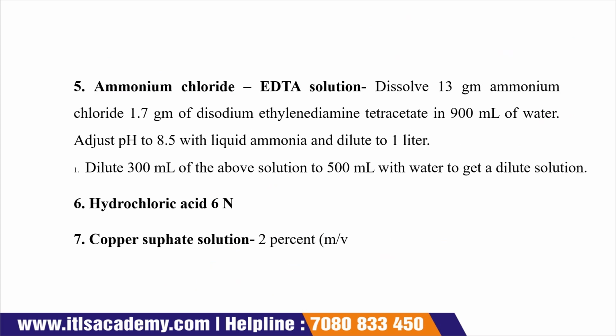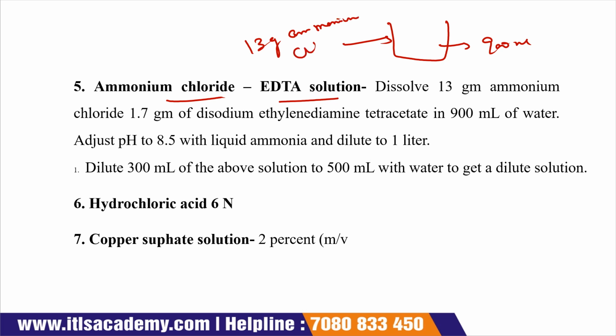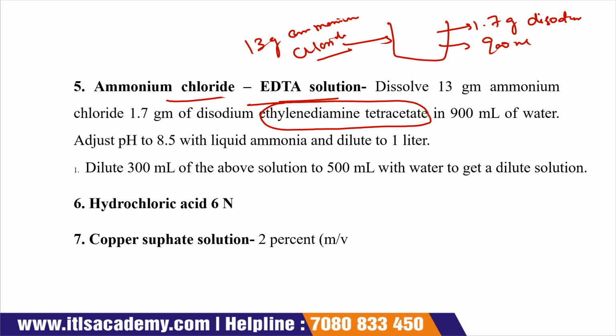Now the next is your ammonium chloride-EDTA solution. For this we require 900 ml of water, and into it we add 30 gram of ammonium chloride and 1.7 gram of disodium ethylenediamine tetraacetate.